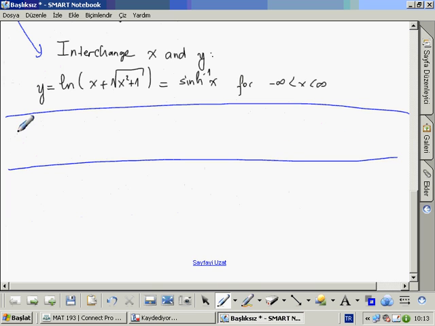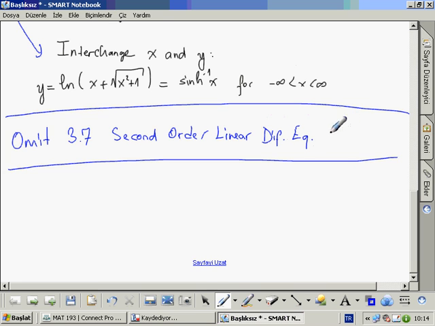My friends, omit subchapter 3.7, which is the second order linear differential equations with constant coefficients.